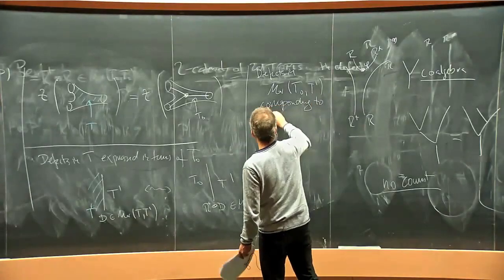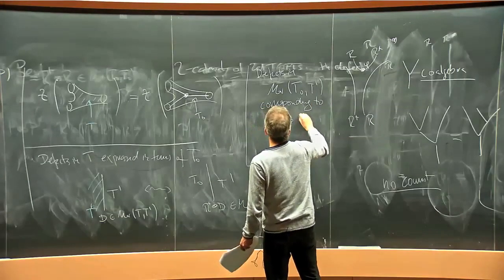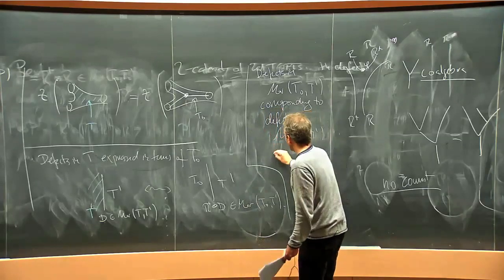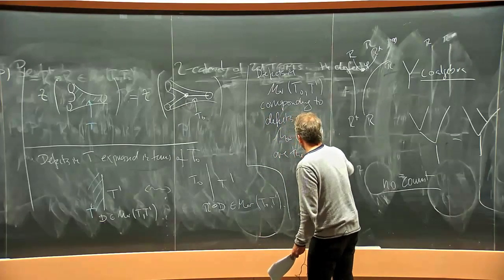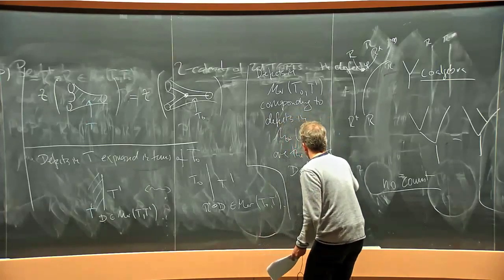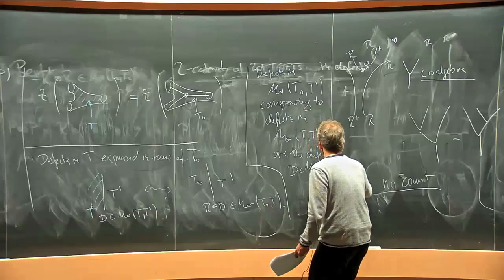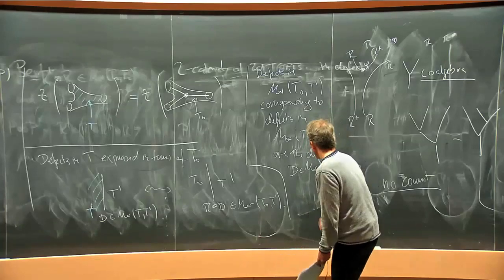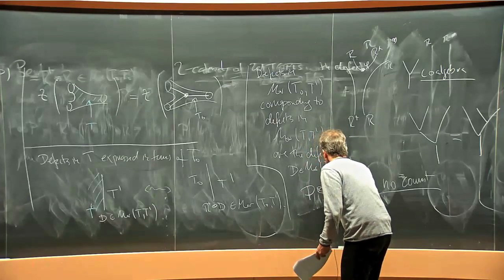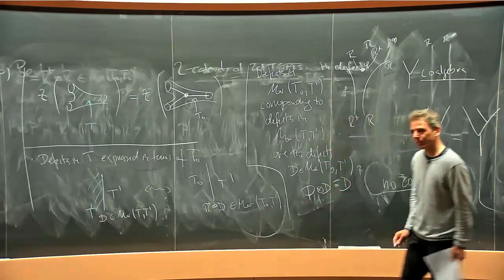to defects in Mor(T, T prime) are exactly the defects D in Mor(T naught, T prime) for which the following holds, namely P tensor D is isomorphic to D. Okay?